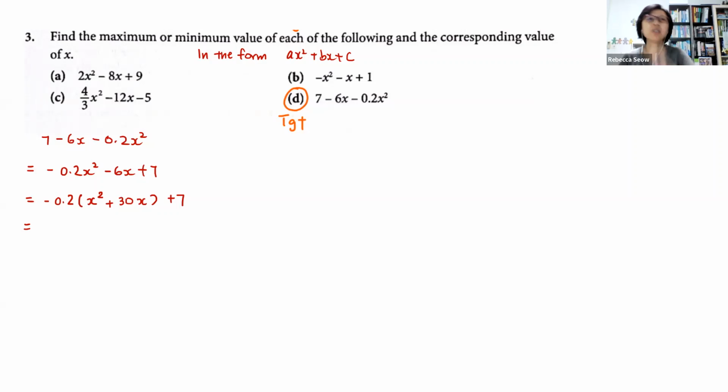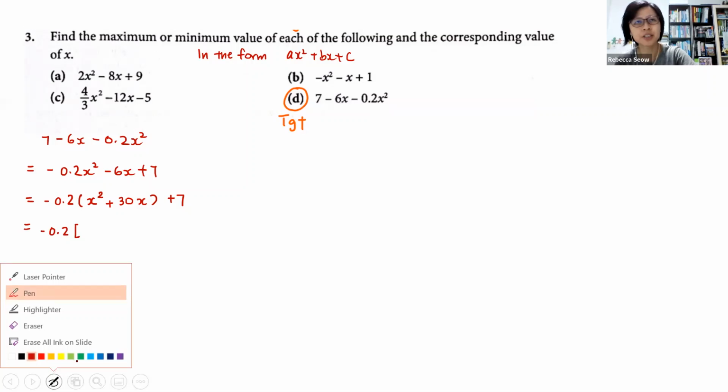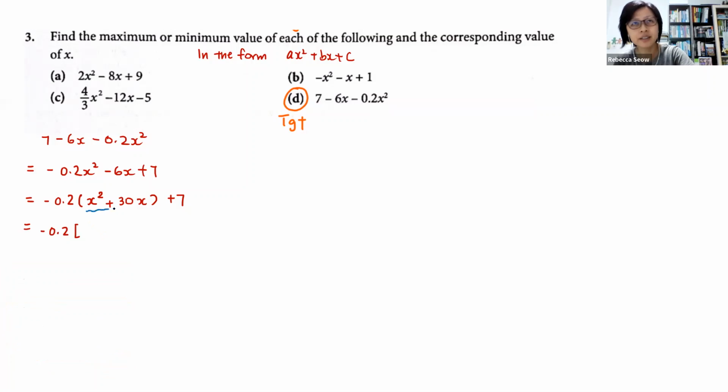From there, we force it into a square, create 3 terms, take away the last term. Okay, now take out 0.2. Now we're going to complete the square for this portion. Okay, so I'll put a little note here. We complete the square here only.